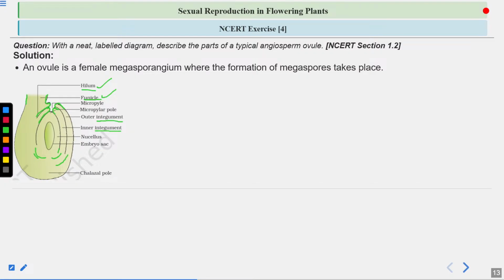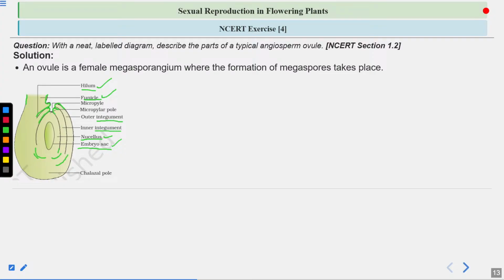What is present inside the integument? The nucellus, very important, nucellus cells. Okay, nucellus cells are present. The nucellus cells are diploid. First of all, they are diploid, and one of the nucellus cells gets differentiated from the other cells, and later on it forms the embryo sac. And you all know how it forms.